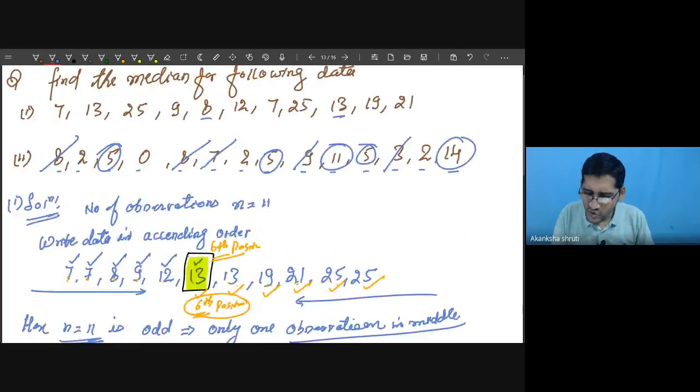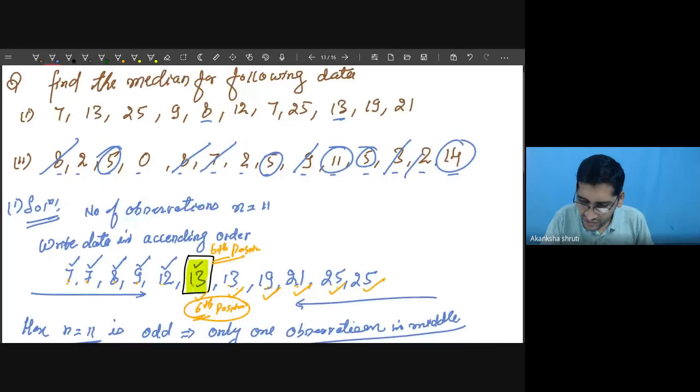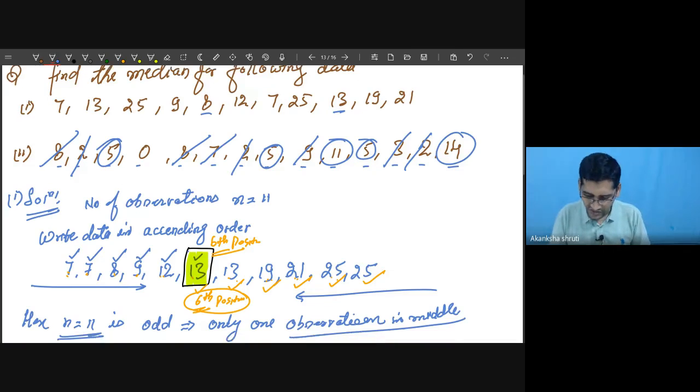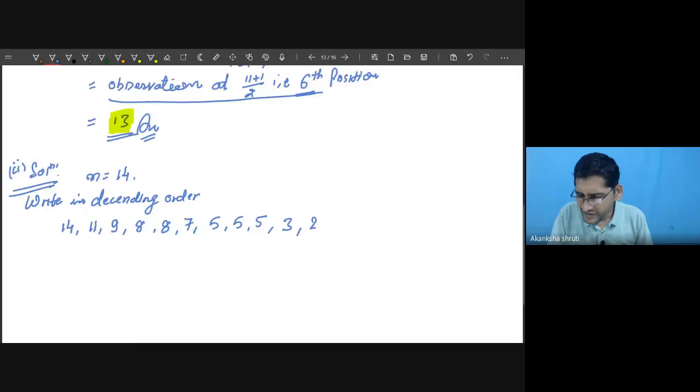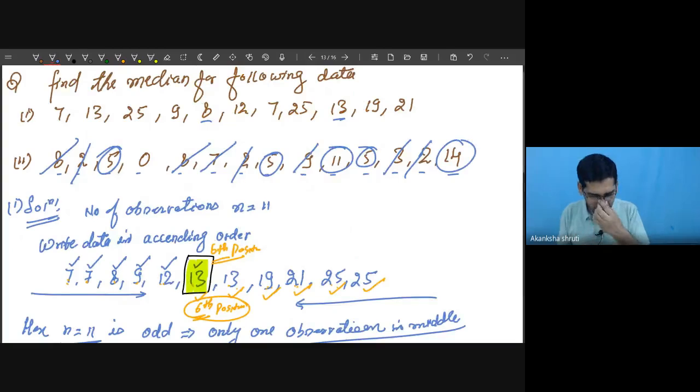Then go for the 2. 1 2, 2 2, 3 2, so 3 2s are there. So write the 2 three times. Then go for 1.